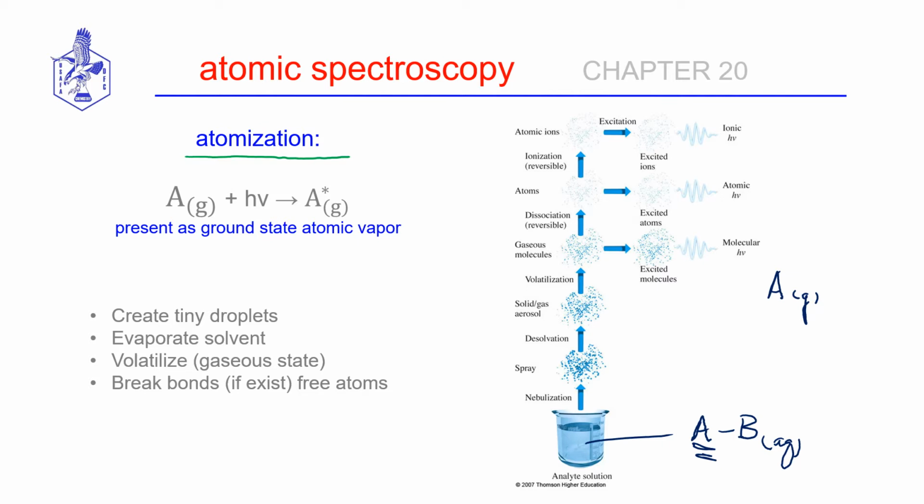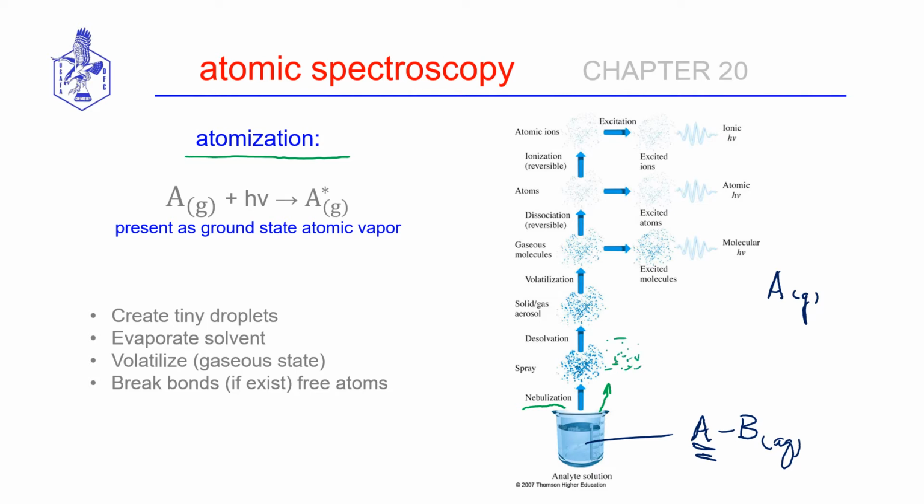Well, first of all, I must nebulize, so that's the process of aspirating or drawing that solution up into a capillary tube. If in that process it contacts an object, there's different ways of doing this, but I can get it into an aerosol where my droplets are tiny.